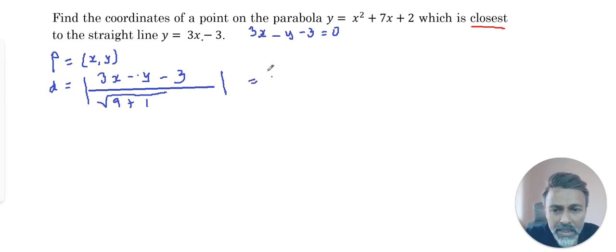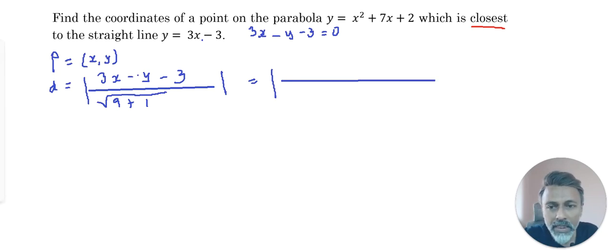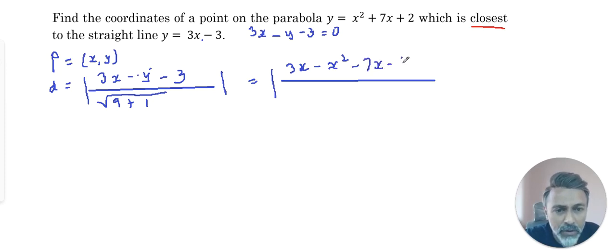This can be written as mod of 3x minus y, and in place of y we can write the parabola value so that everything comes in a single variable form. 3x minus x square minus 7x minus 2, as there was a minus sign here, minus 3, upon root 10.